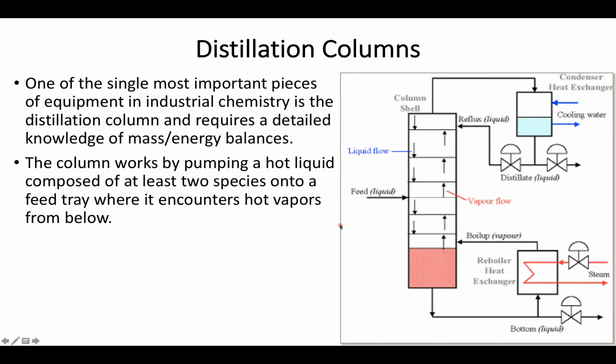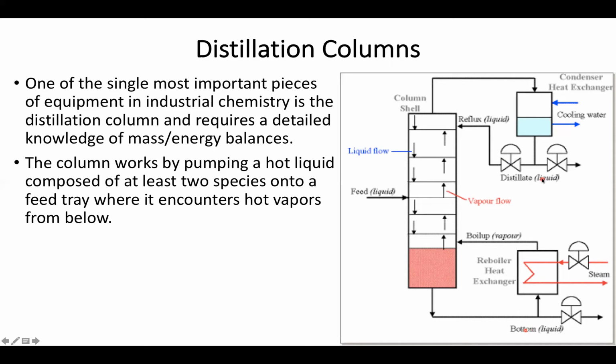So most of what you probably know about a distillation column is that it works by feeding in a hot liquid, from which you're going to have hot vapors rise and a cold liquid lower. And so then you'll end up with what's called a bottoms and a distillate.